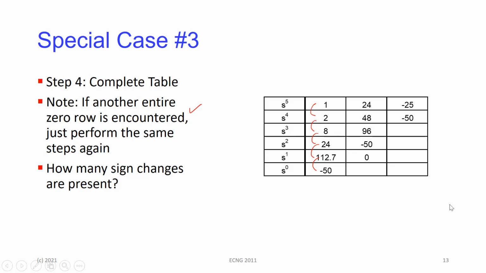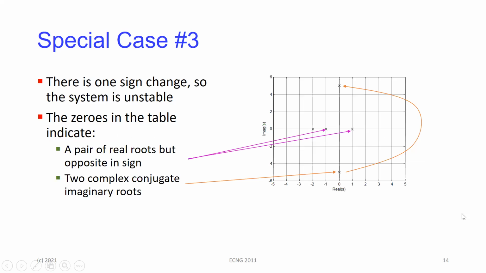So therefore, according to this, there's at least one pole in this system that is across on the right-hand side. If you were to solve it now, what it is going to tell you, first off, the system is unstable, and the zeros in the table indicate that we have a pair of real roots, but one of the real roots, remember, all the roots are sigma plus j omega.